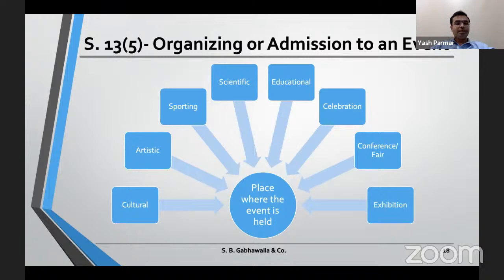So this subsection deals with services in relation to admission or organization of an event, and the place of supply is defined to be the place where the event is actually held.